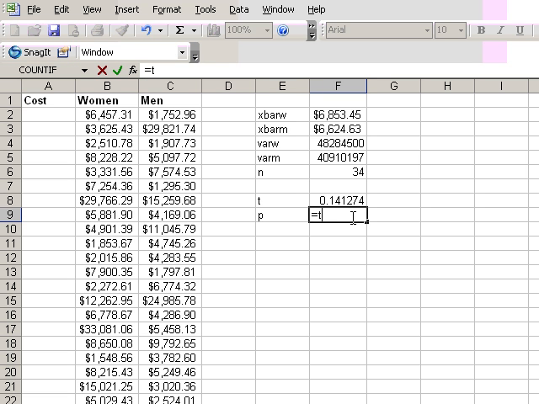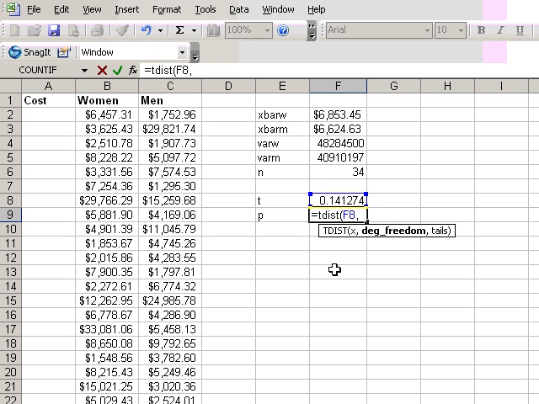It's equal to t dist. X is the 0.141. Degrees of freedom in this case are the number of observations in the group of women, -1, plus the number of observations in the group of men, -1.